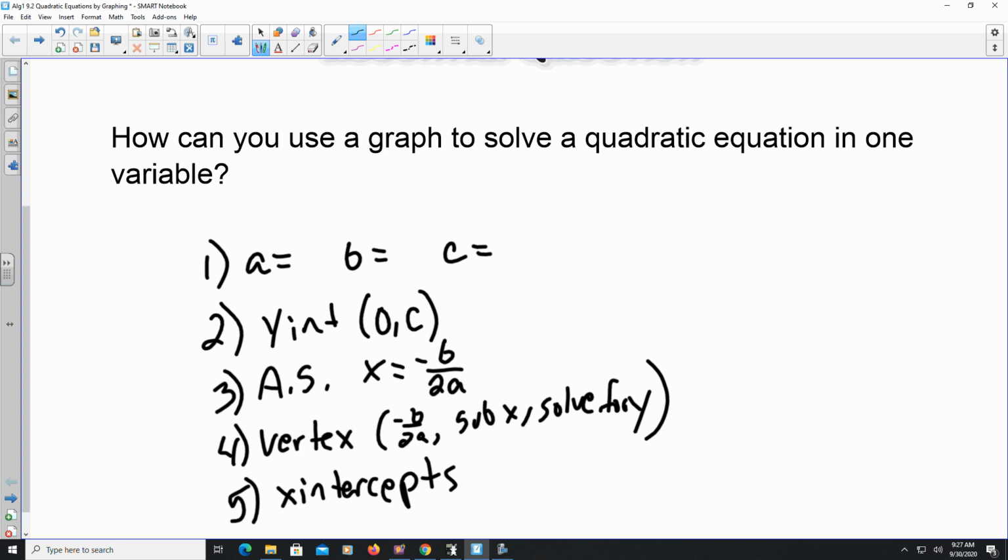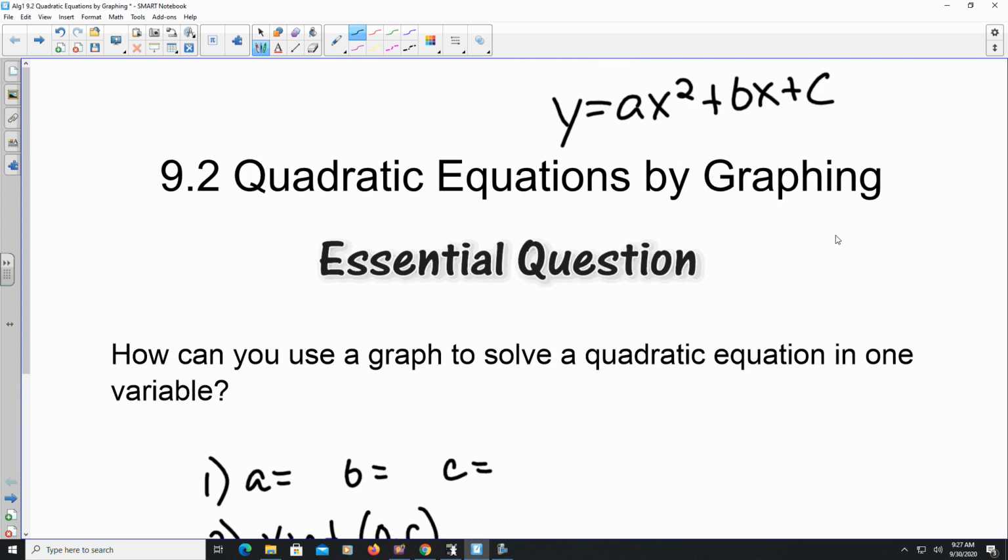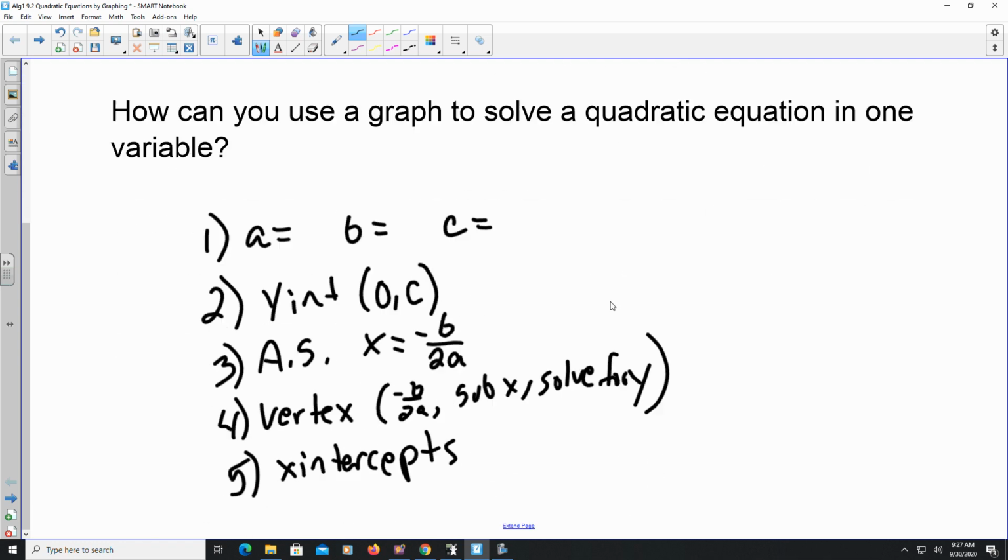Because it is a second degree equation, we have the possibility of having up to two solutions from x-intercepts. So you could have two coordinates, one coordinate, or zero coordinates. This means that it crosses the x-axis at two spots.